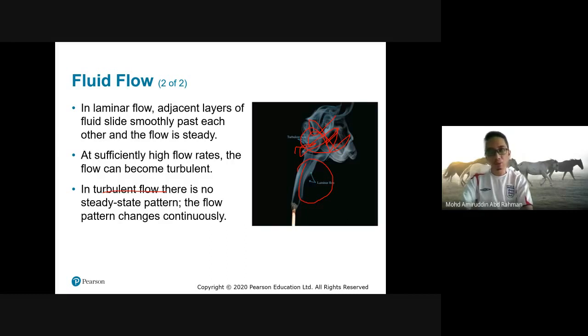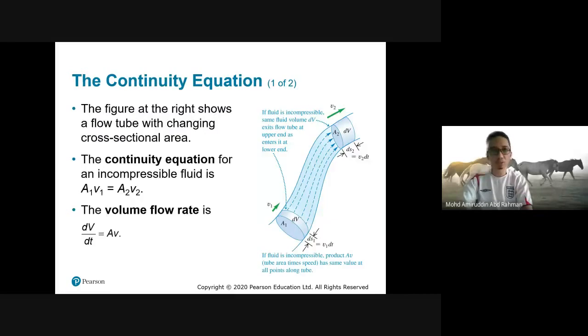So from the fluid flow, we can have what we call the continuity equation. What does the continuity equation tell you? The continuity equation is A1 v1 equals A2 v2.